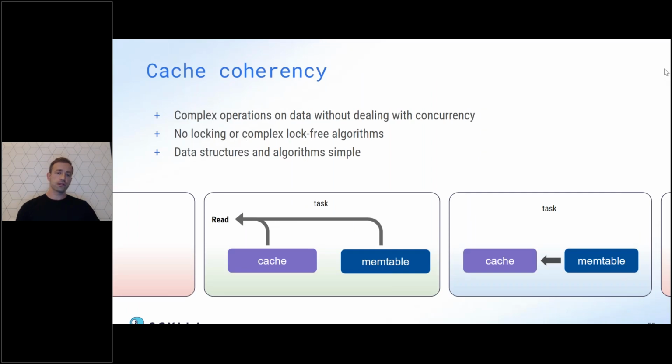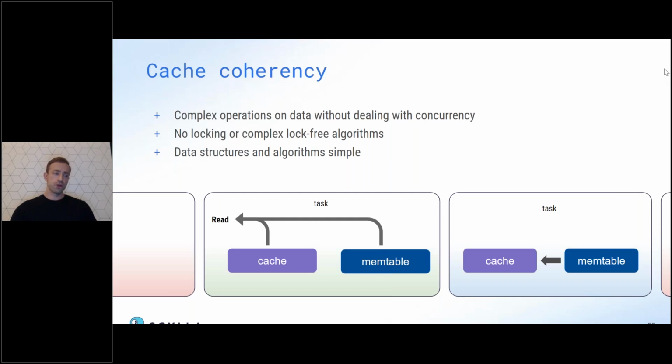And what this allows us is that we can have complex operations on data within the task without having to deal with real concurrency, which you would get if you use multi-threading and access data from multiple CPUs. So we don't have to use locks, we don't have lock contention because of that, and we don't have to implement complex lock-free algorithms. Our data structures and algorithms can be simple.